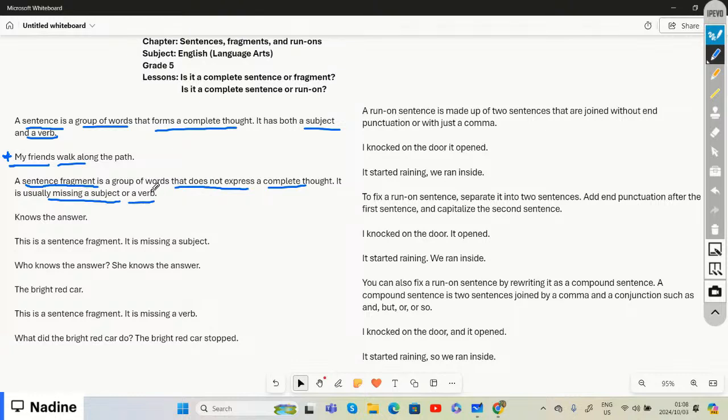Meaning within the sentence, there's either no subject or there's no verb. The subject means there's either no person or animal or thing that is doing the action, or there's no action that is being done.